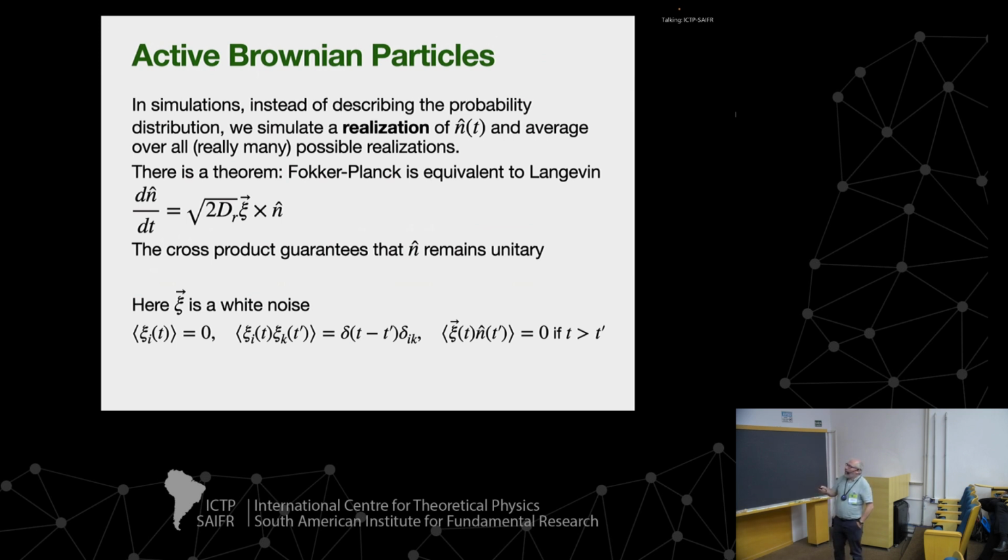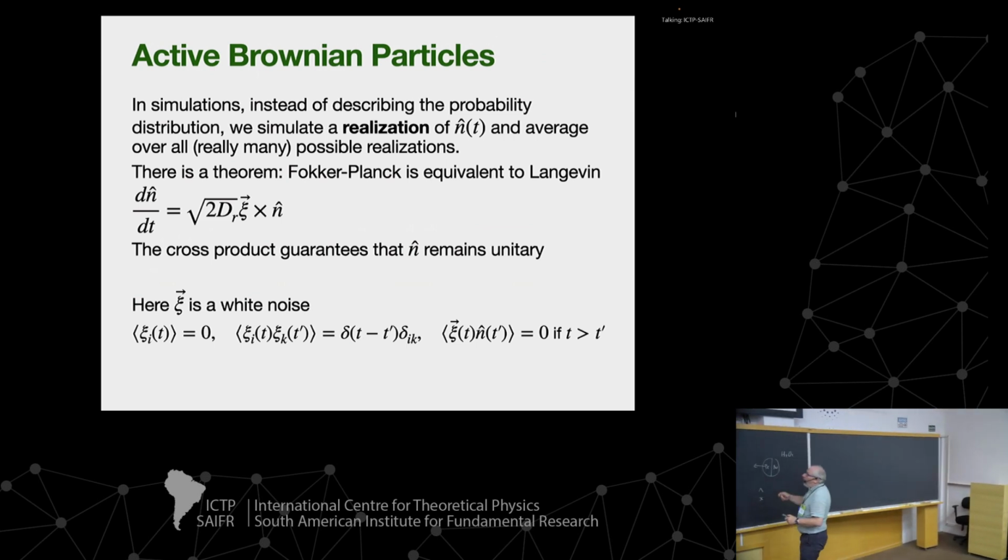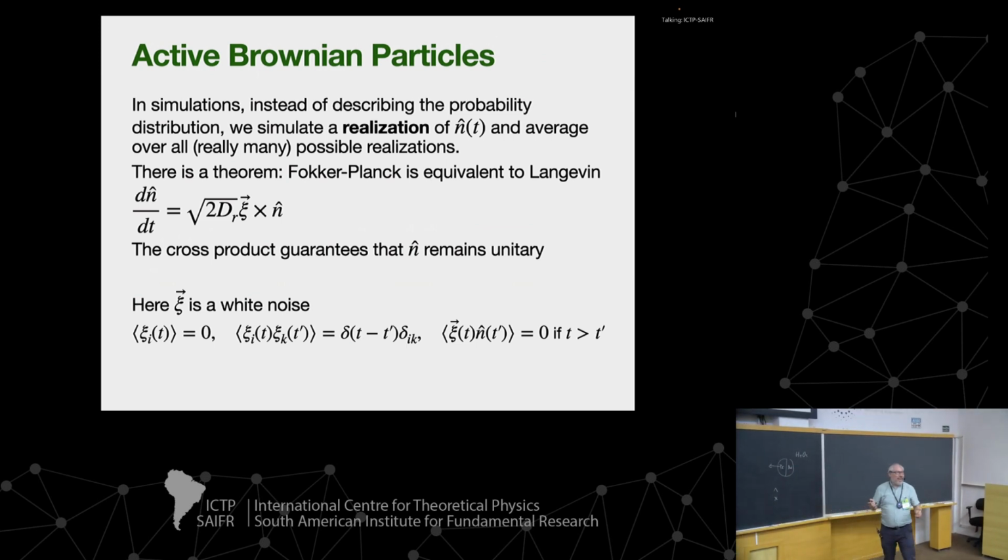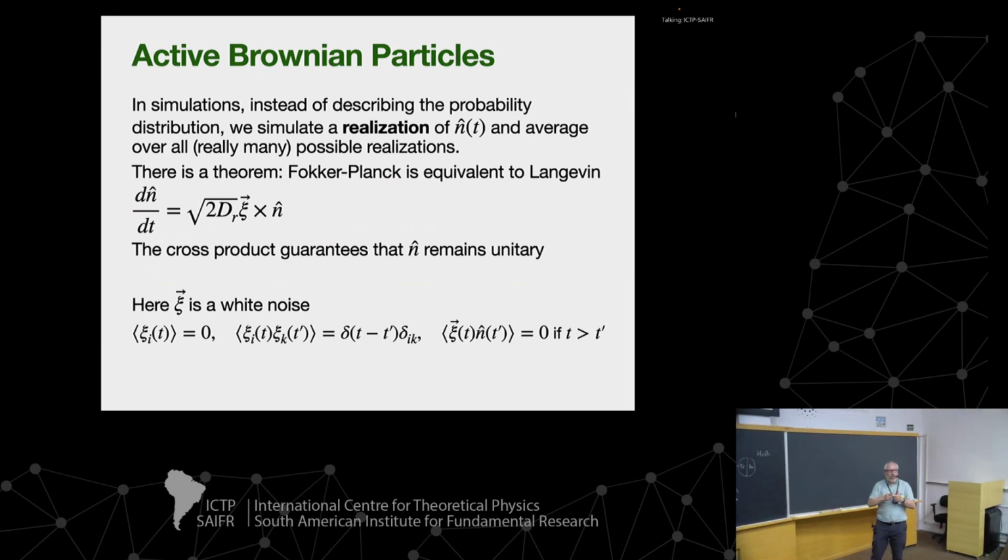And psi is a white noise. What a white noise is, I didn't put the most important thing: it is a stochastic process, something that is fluctuating all the time. It's Gaussian, that is, the probability distribution is always a Gaussian.